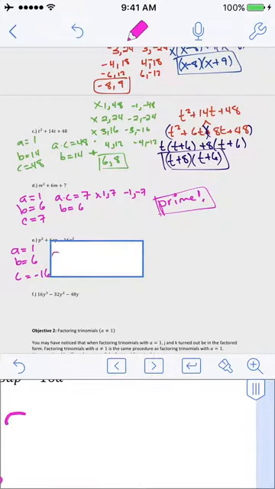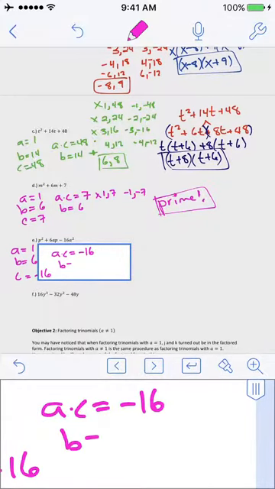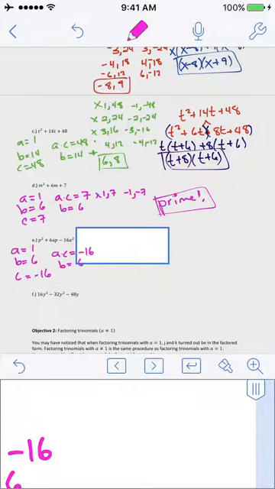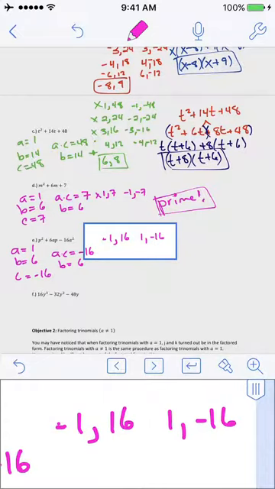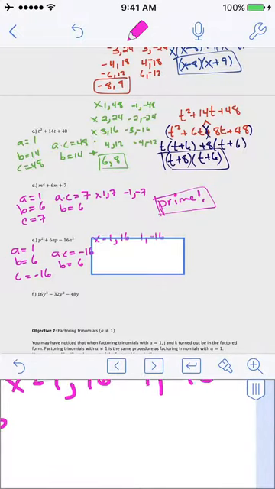So now I need 2 things that multiply to a times c, -16, and add to b, which is 6. Interesting. Okay, well the things that multiply to -16 are -1 and 16, or 1 and -16. Neither one of those add to 6.